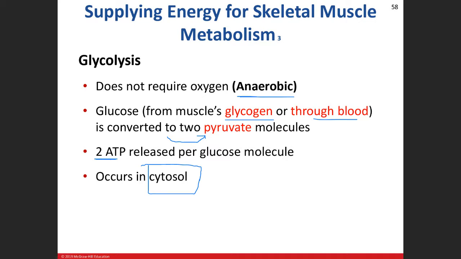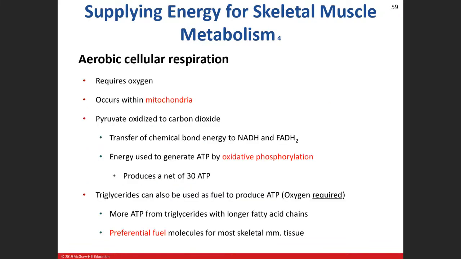All right, so the last method of us being able to produce energy for a cell is, and we've talked about this one, aerobic cellular respiration. Okay? Aerobic means with oxygen. Okay? It deals with the mitochondria. So we always will start off with glycolysis, and then at the end of glycolysis, we end up with 2 pyruvate molecules.